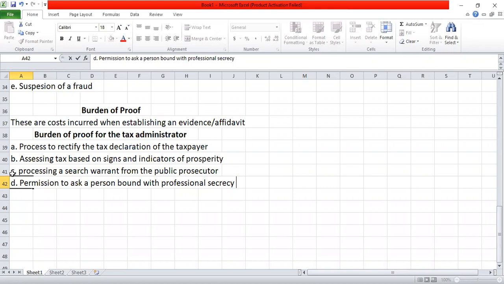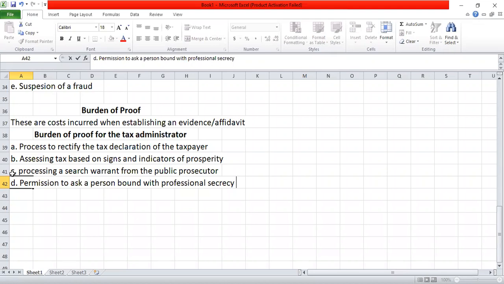Even auditors are bound by professional secrecy, so you need permission from the public prosecutor. Even doctors are bound by professional secrecy.